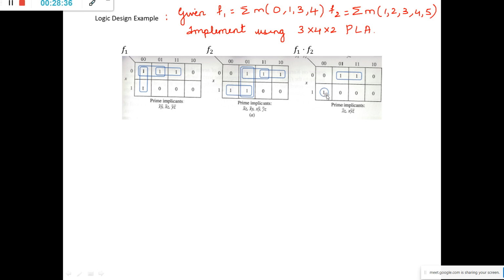And then group it. Is it clear to you? Yes? So whichever terms are commonly there, write those. 2 is there, 3 is there, 4 is there. So group it and then write the prime implicants.